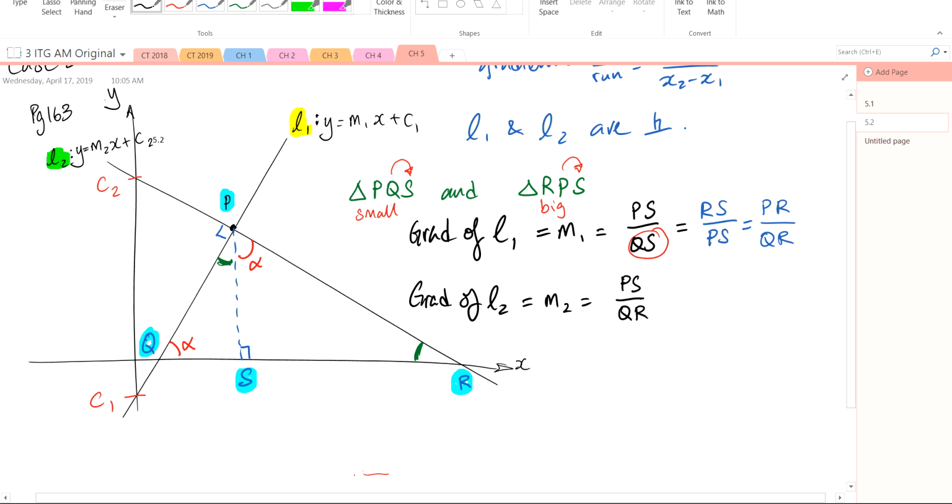Yes, over SR. Line number 2, that's PS, the rise, over SR. But is the sign correct? Because PS is positive, right? That's a length. PS is a length, it's positive. SR is also a length. It's positive, right? Positive divided by positive will give you positive.